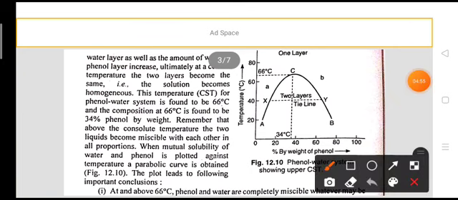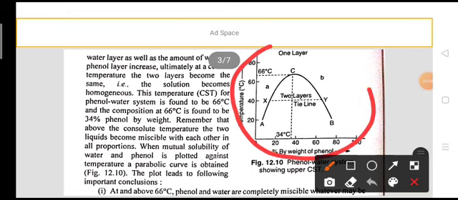For example, in this diagram, I will explain it. As temperature increases, the amount of phenol in water increases with temperature. At a particular temperature, that is 66 degrees centigrade, the water and phenol completely become homogeneous.